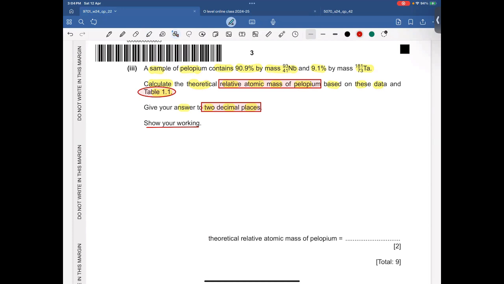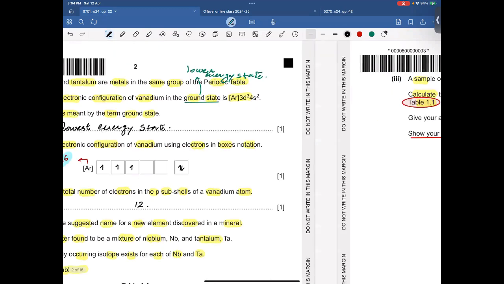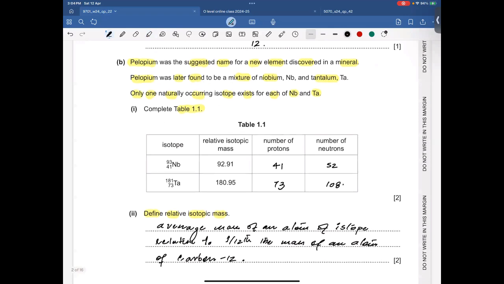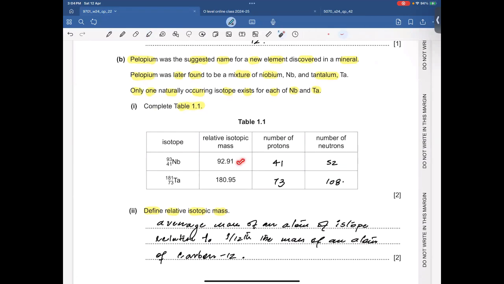So, pelopium, table 1.1. So I'm going to use these values. All right, so 92.1 into 93.